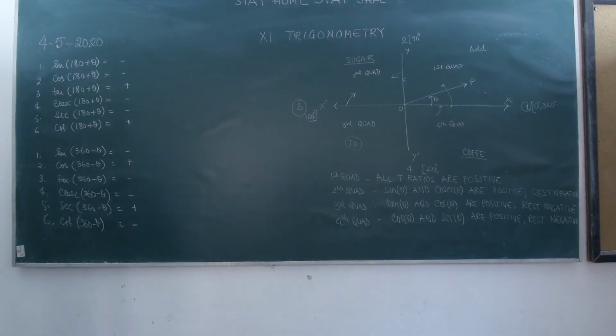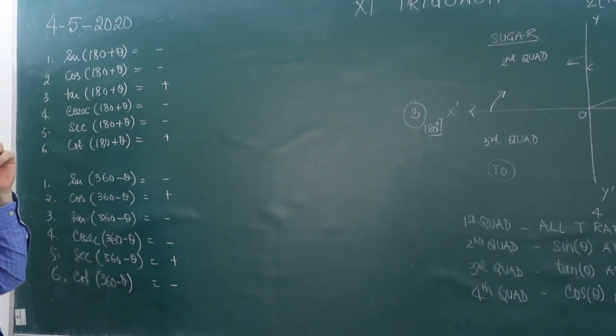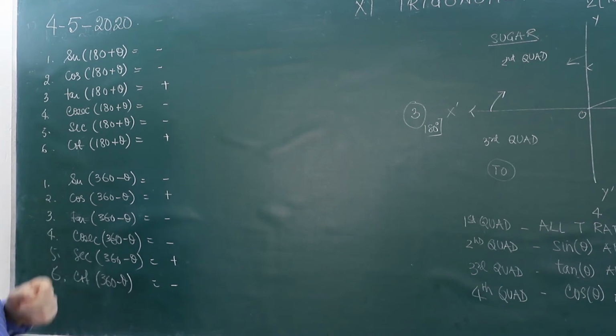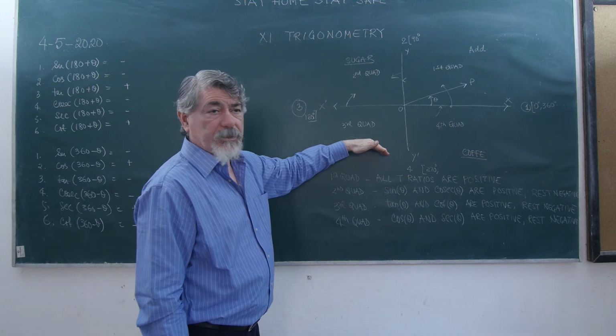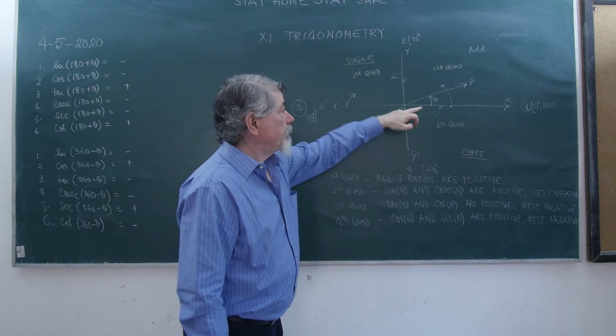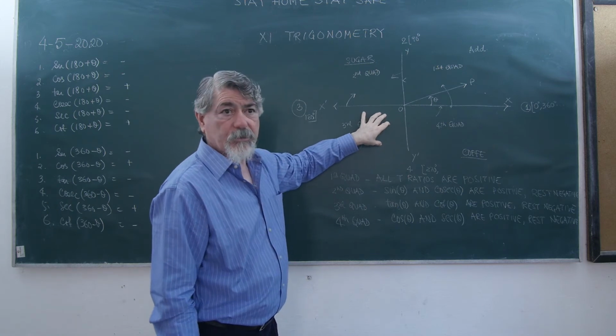Now let's look into 180 plus theta and 360 minus theta. When I'm talking of 180 plus theta, that means I'm talking of the third quadrant. 180 is here, and plus means you come into the third quadrant.